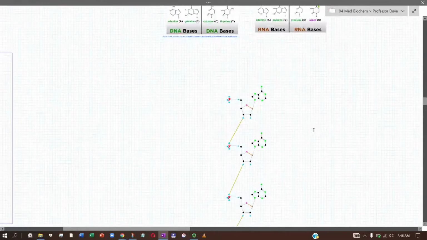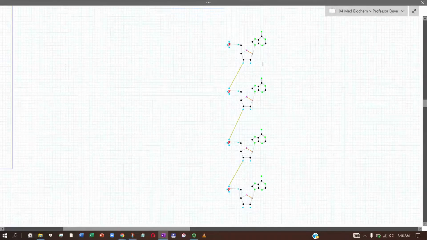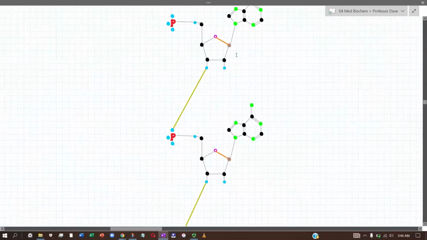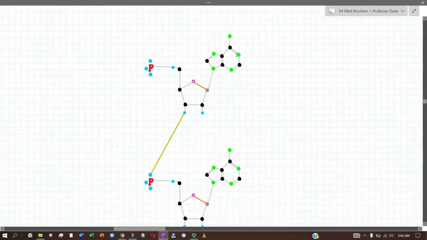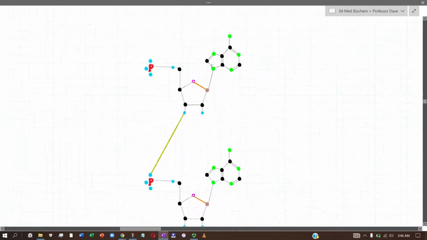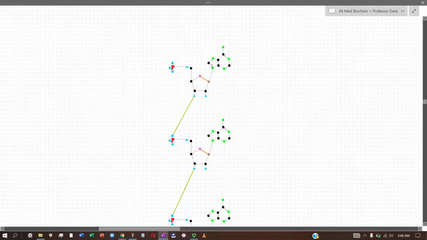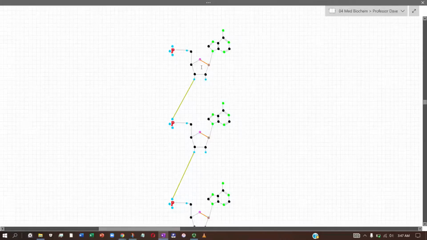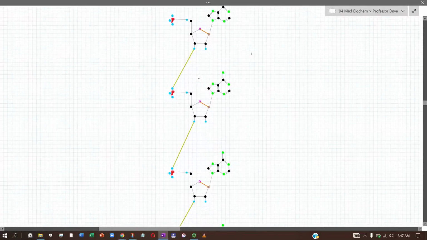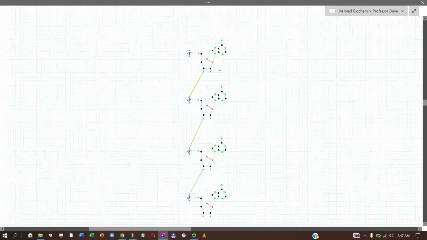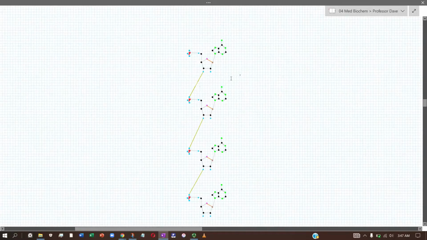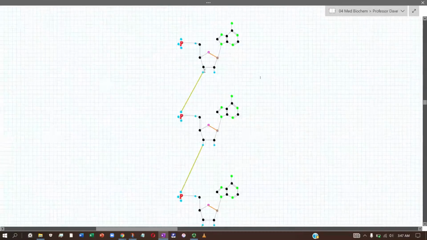All right. And over here, I've illustrated how a DNA molecule and either an RNA, in this case it would be RNA because you have 2 hydroxyl groups right there. Here I've highlighted how a nucleic acid would be made.